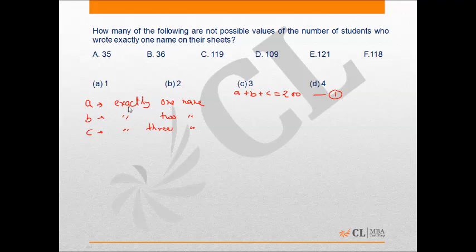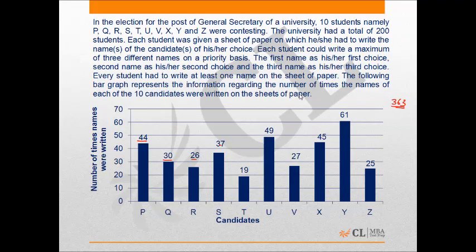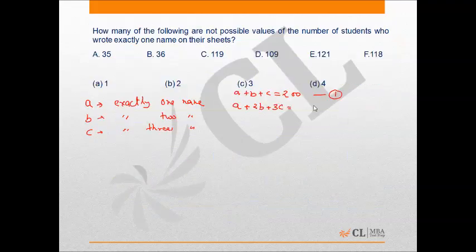A is the number of people who put exactly one name, so total number of names written is A. Total number of names written by B students is 2B, and similarly by C students who wrote exactly 3 names will be equal to 3C. So A plus 2B plus 3C will be equal to nothing but summation of all these values, which is 363.